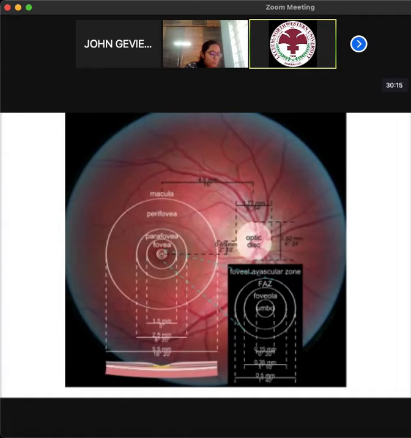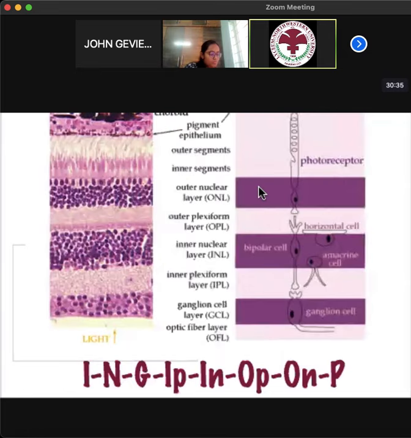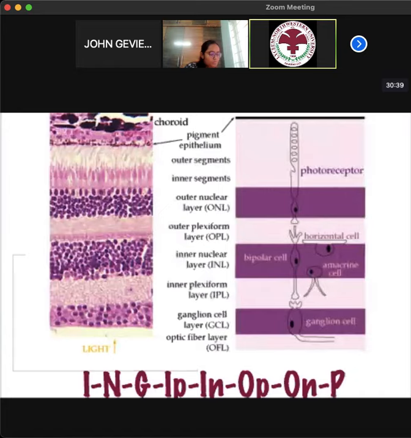It's very important to know the names of the parts of the retina, because whenever we see any lesion, we locate them and describe them based on their location. But on your part, what's more important would be the layers. You should know the layers of the retina.